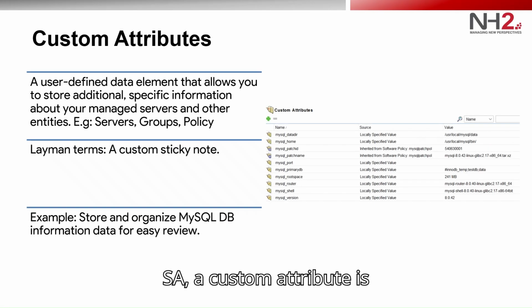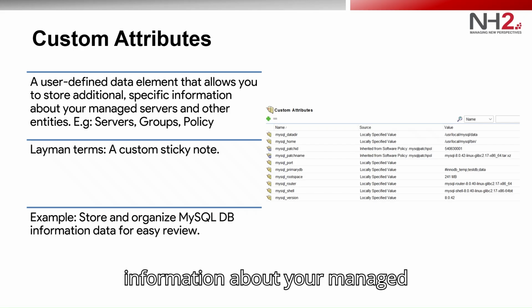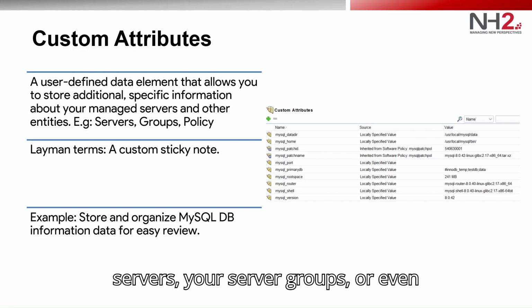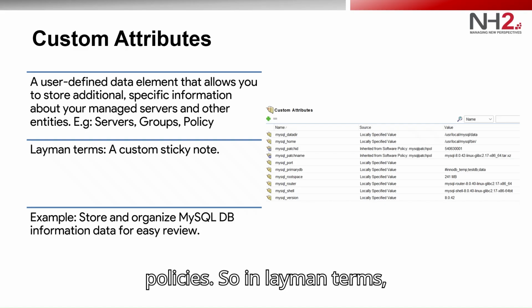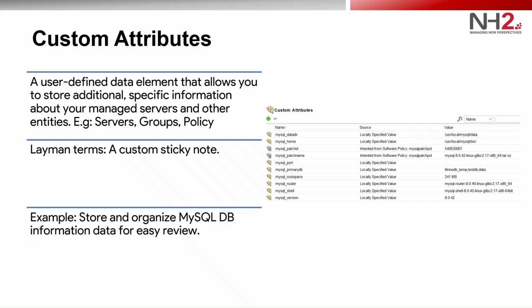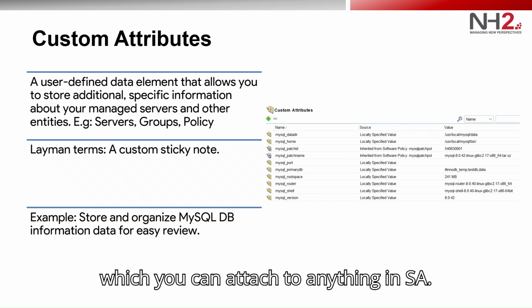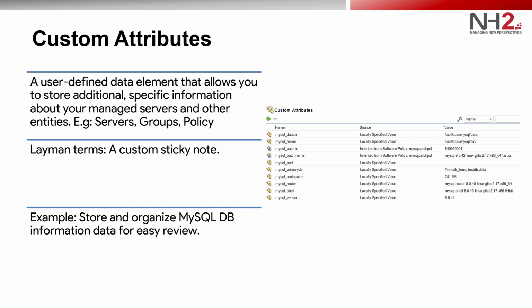In SA, a custom attribute is essentially a user-defined data element. It allows you to store additional specific information about your managed entities, whether they are your servers, your server groups, or even policies. So in layman's terms, you can call it a custom sticky note, which you can attach to anything in SA.